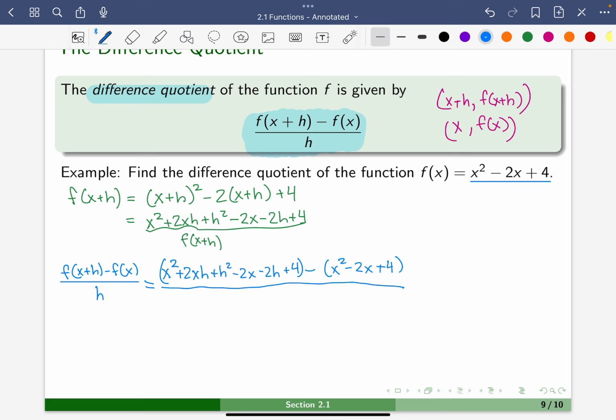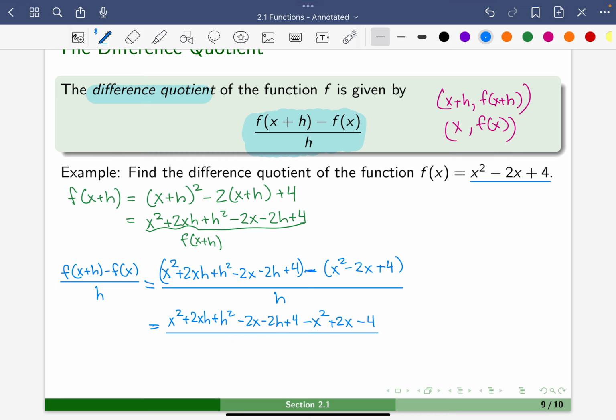And we're dividing all of that by h. So this negative right here, it's going to get distributed to each piece in that function. So we'll have minus x squared. We'll change the sign on the negative 2x. We'll change the sign on the 4.